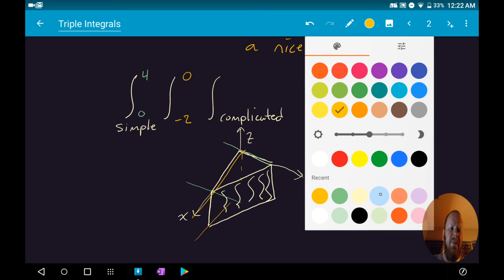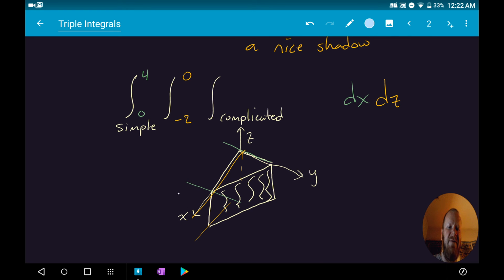But if you ever have something that's complicated, you want to save that for this interior-most integral. So the y is in between this shape. We'll call this wavy. That's going to be in between this wavy surface and 0 here.